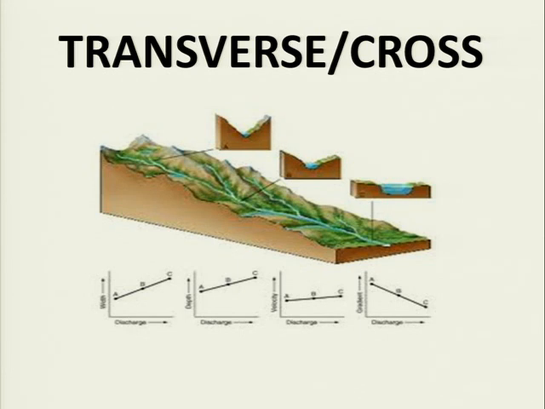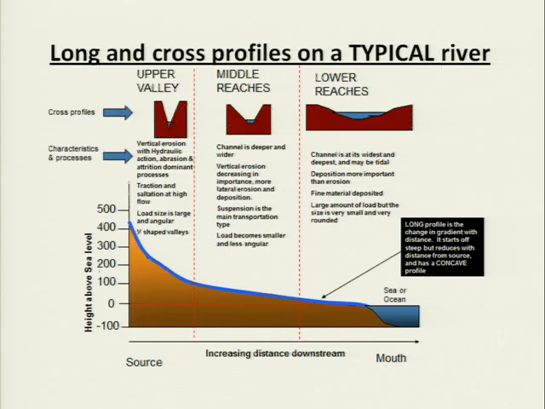That can be divided into 3 parts, each of those. We get the upper reach, the middle reach and the lower reach. Remember, the longitudinal profile is very steep in the upper reach, more flattened or less gradient in the middle reaches, and then it is almost flat in the lower reach.